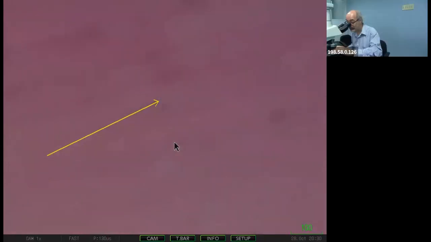Type 1. Type 2 is for the other cartilage, elastic and hyaline. And type 3 is mainly the one you find in your spleen and lymph node. So this one is type 1.